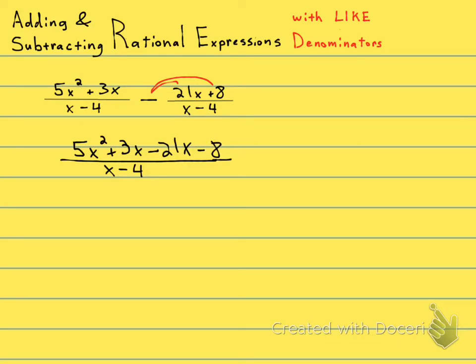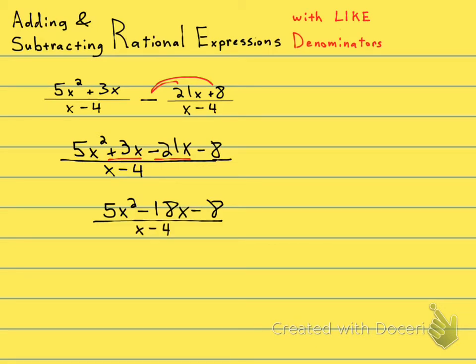So we can combine two like terms in the numerator, plus 3x minus 21x. That's going to give us 5x squared minus 18x minus 8 all over x minus 4.